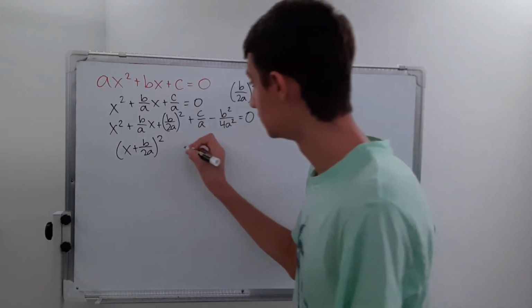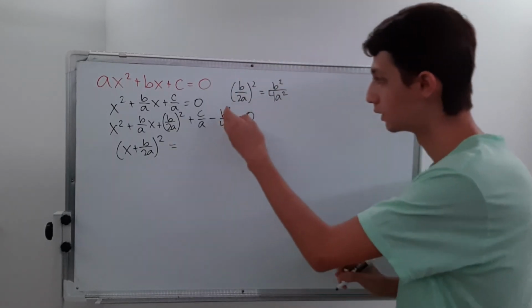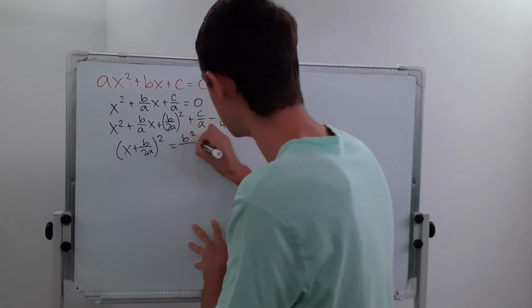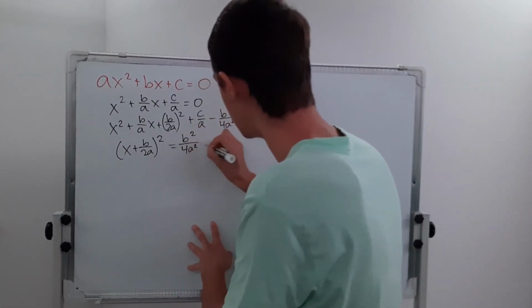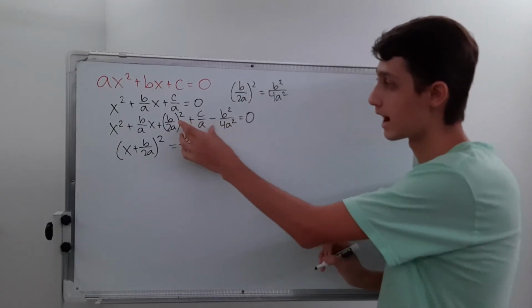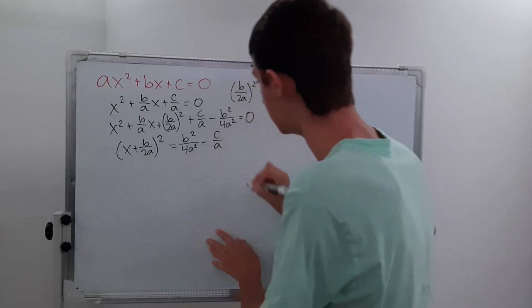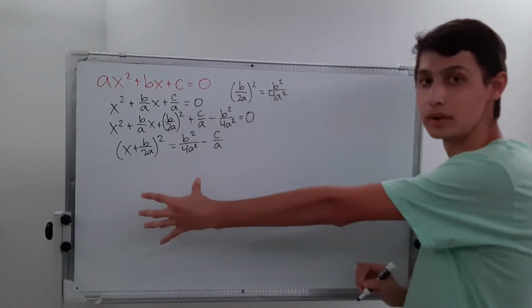So this is going to be equal to b squared over 4a squared, the positive version, and then minus c over a. So this is what we have now.